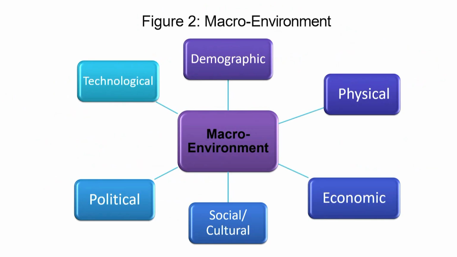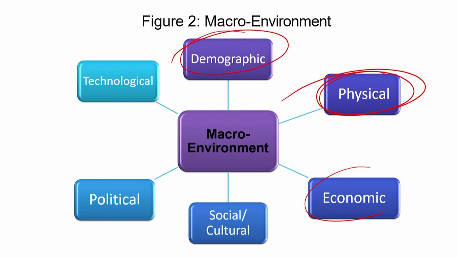If you go by this figure, we have discussed demographic, physical and economic factors. Demographic covers the characteristics of the human population: age, gender, income level, education level, and cultural and religious aspects. Physical factors are the surroundings, geographical locations, weather conditions and natural resources.